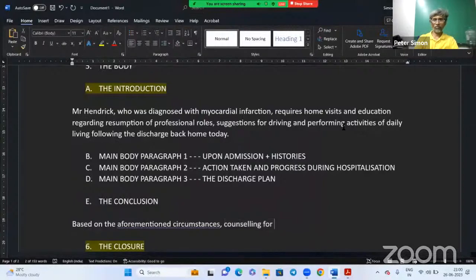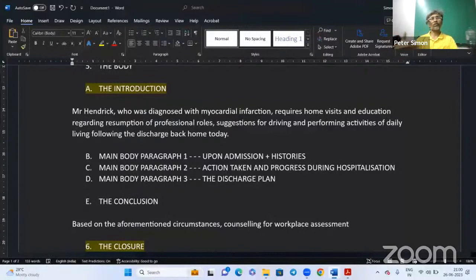Counseling for workplace assessment, or workplace assessment. Okay. How he is going regularly, then afterwards to continue. Workplace assessment, whether he's capable or not, you have to write, or how he has to manage. Okay.